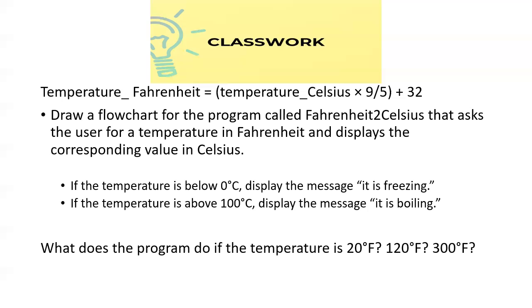But if that's not true, then we're going to see, is the C value bigger than 100? And if that's true, then we're going to have boiling. And if it's false, then it's just normal temperature, right? And so all of these things will come to an end.